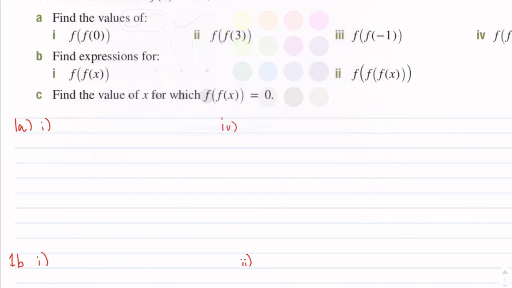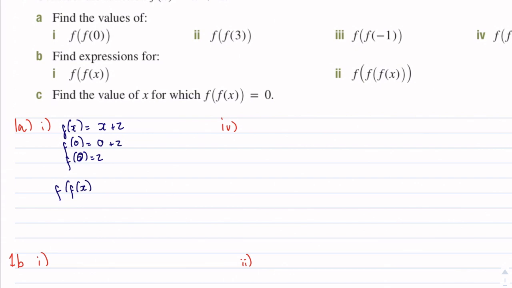So, we know f of x equals x plus 2. f of 0 is then 0 plus 2, so f of 0 is 2. Oh, hang on.